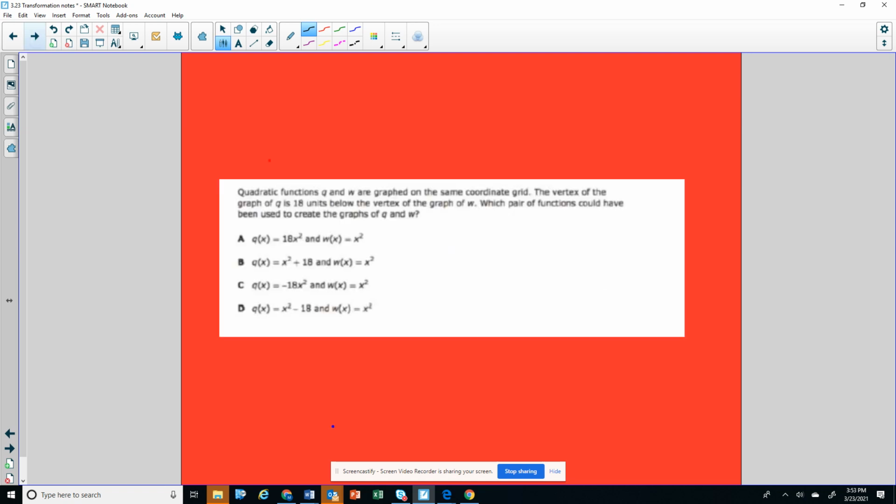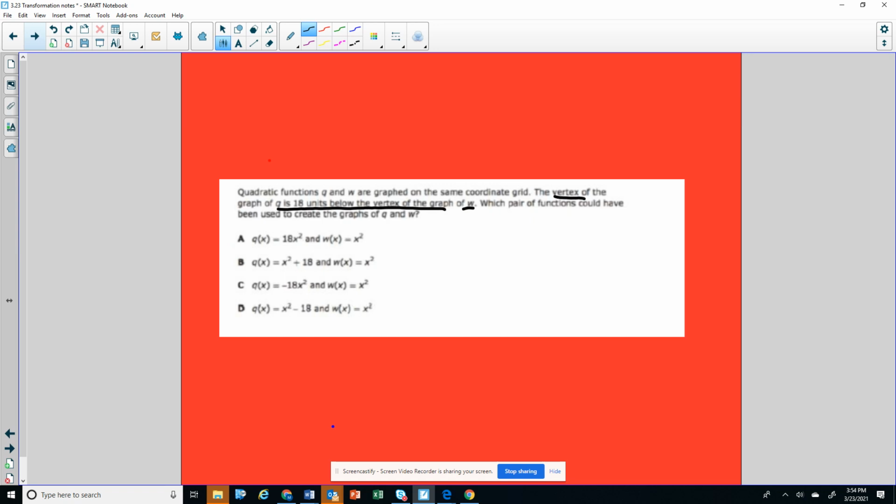Okay, next one. Again, you're given two functions, Q and W, graphed on the same coordinate plane. Now, here's the key. The vertex of Q is 18 units below the vertex of W. Go ahead and pause the video again and see if you can figure out the answer for this one.